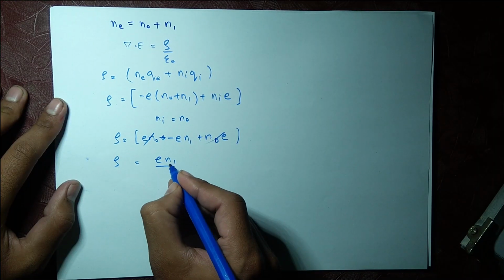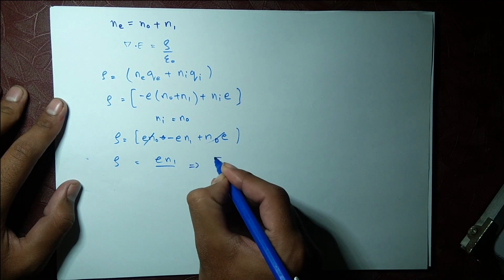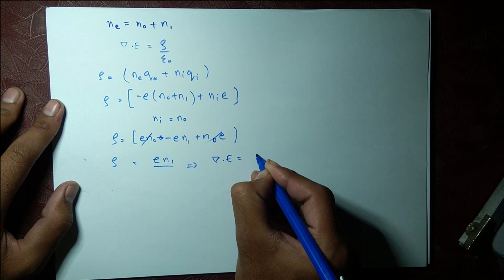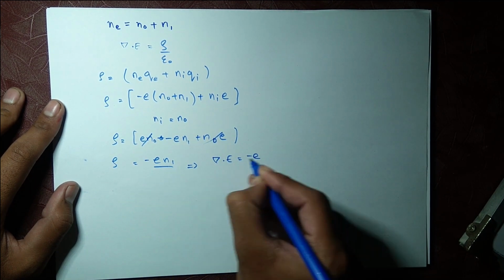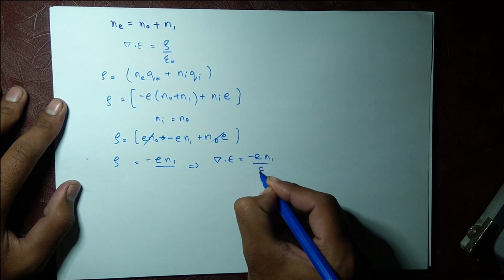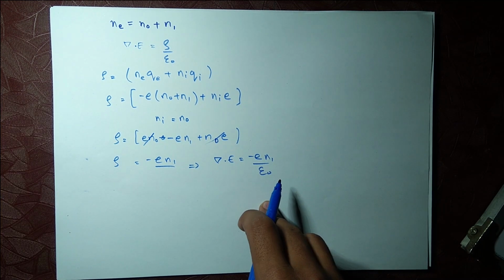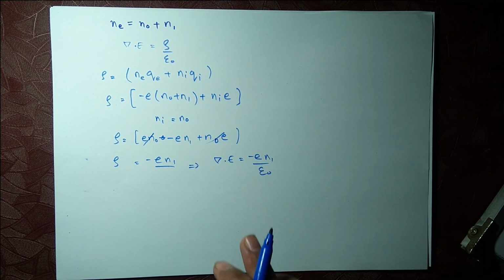From that, del dot E will be equal to minus E N1 over epsilon naught.